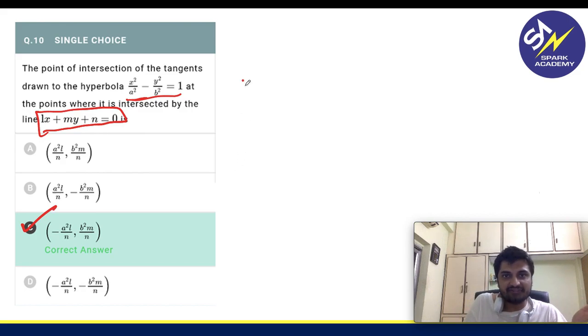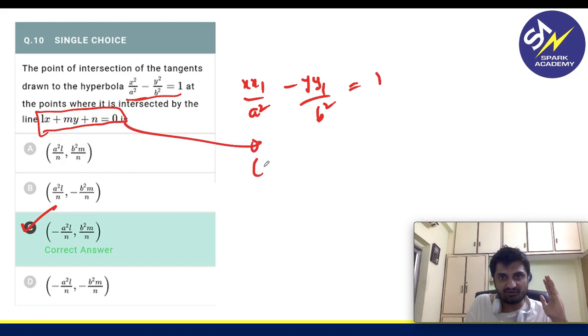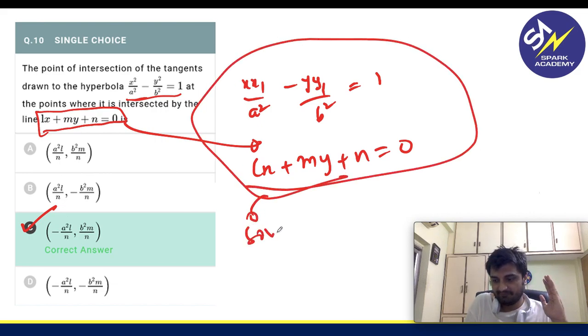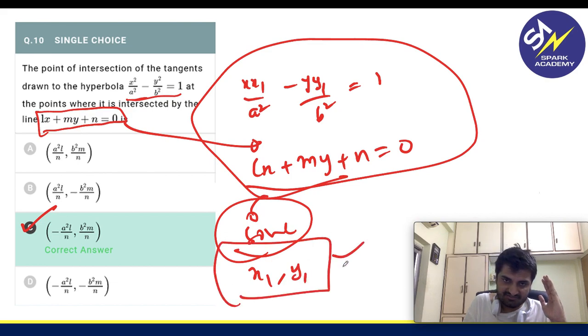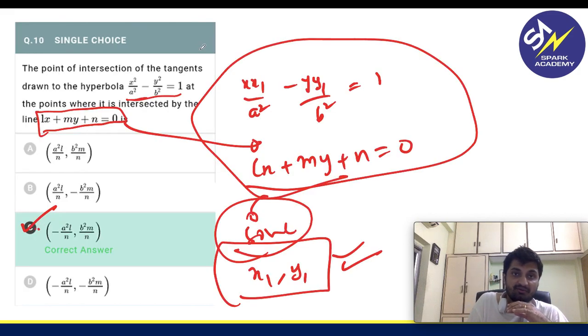How do you write the tangent to a hyperbola? x1 x by a square minus y1 y by b square equal to 1. This is the standard equation of the hyperbola, and this is the line they give. You just solve these two and you will get x1 value, y1 value. That's it. So I think you'll get C as the answer. Simple, round 1 if you know. If you don't know the concept, it is round 2.